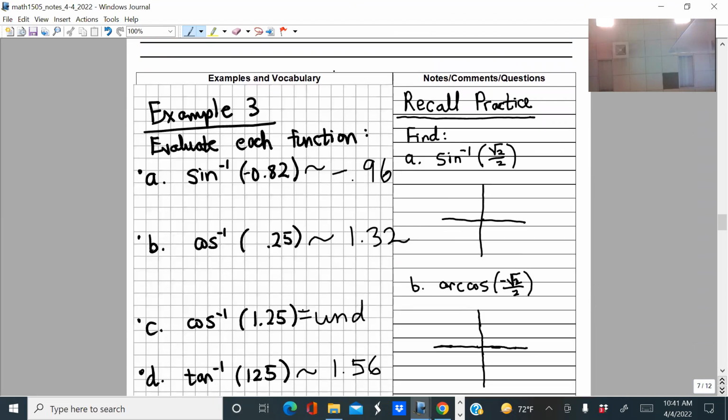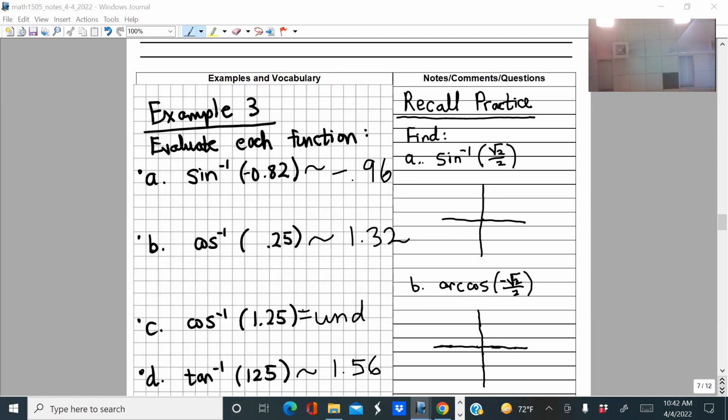So for you guys also at home, I want you to see if you can find for me inverse sine of square root of 2 over 2. So remember, the way inverse sine works is, you put in a number. Here we're putting in square root of 2 over 2. You get back an angle.